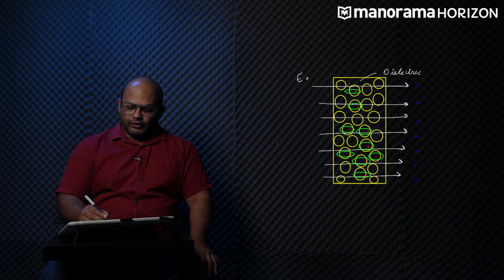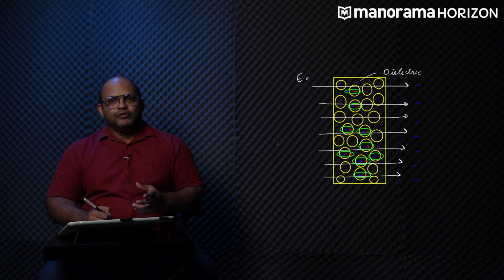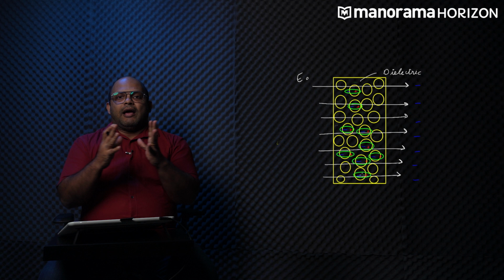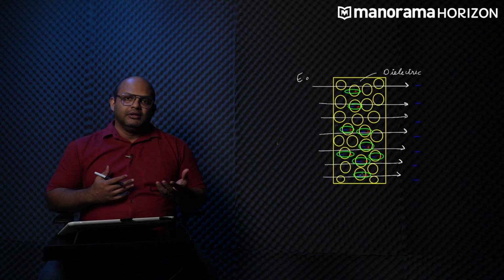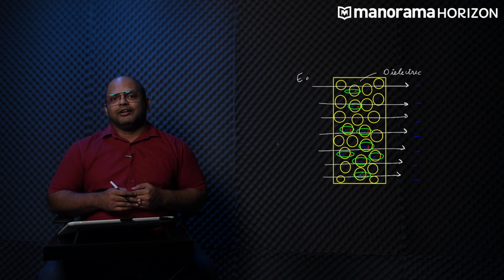So the distortion will cause them to drift towards the opposite side of the molecules. If the external field is removed, the distorting effect on these molecules goes away and they will collapse back to their normal equilibrium positions. This is what is happening inside a non-polar dielectric material.